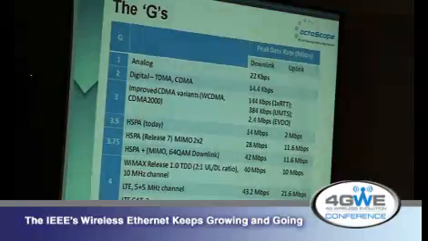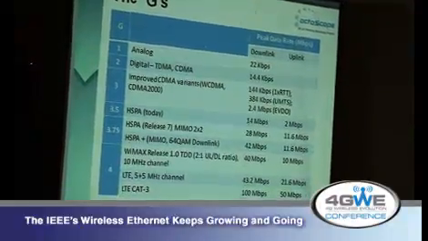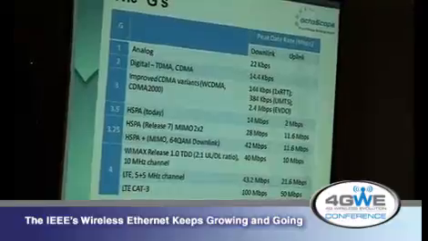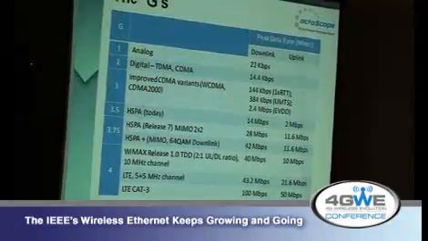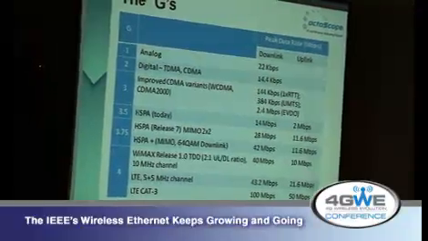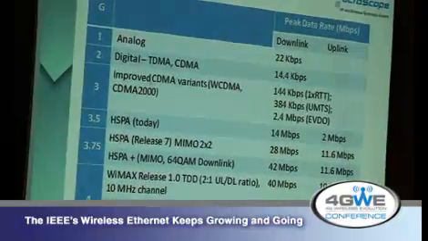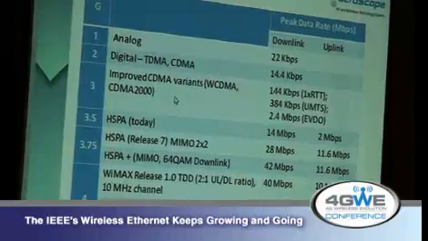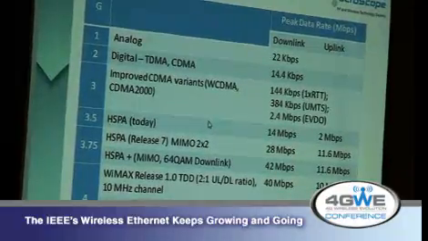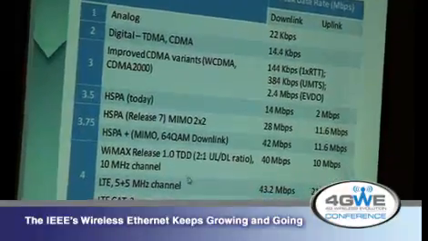Okay, so in summary, the Gs. The Gs are starting with the progressive peak rate, starting from 1, and there are all kinds of fine distinctions here for 3G, fractional 3G. Some of the 3G is CDMA based, and some of it is not CDMA.